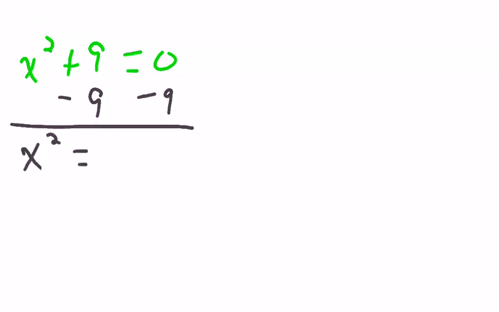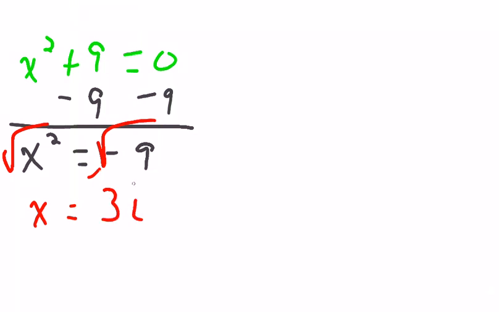So looking at the x squared plus 9 equals 0, we can solve this a couple different ways. First, if I subtract the 9 from both sides, I get x squared equals negative 9. Then I would need to take the square root of both sides, and notice that I have a negative, so I get the complex roots of plus or minus 3i.